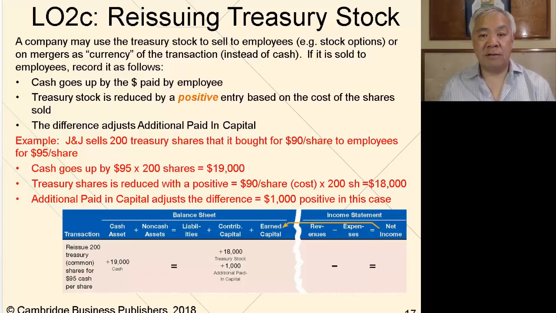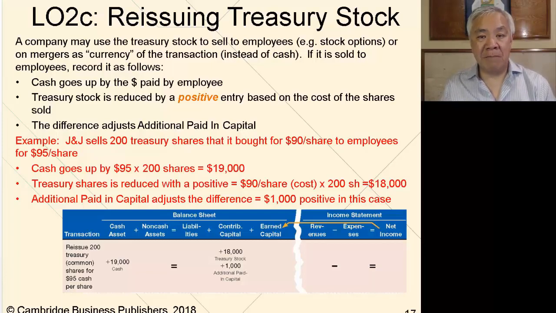The cost was 90 a share, so 90 times 200 equals 18,000, and the difference is an adjustment to additional paid-in capital. Here you see the template below. Cash goes up 19,000, Treasury goes down, which is kind of a plus to a negative account of 18, and additional paid-in capital goes up by 1,000, and it goes up because we bought the shares for 90 and we reissued them for 95.